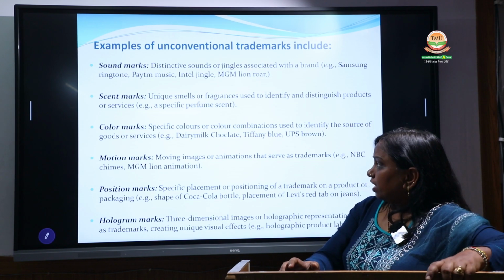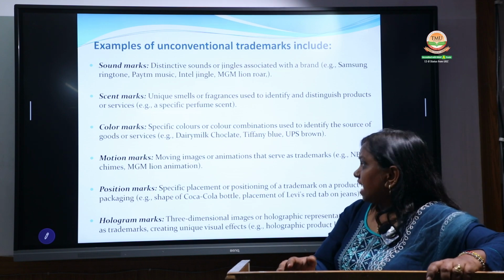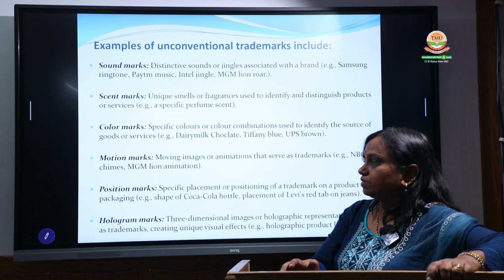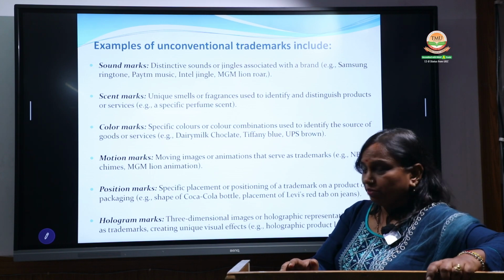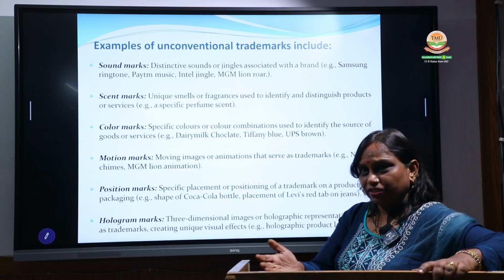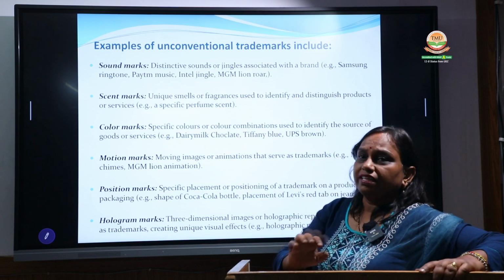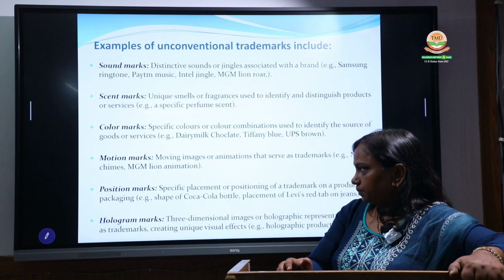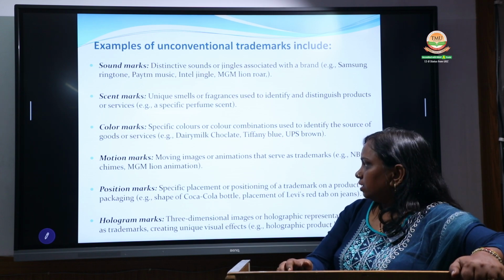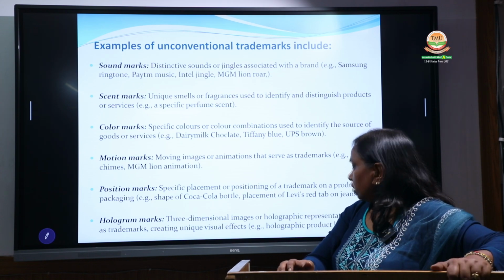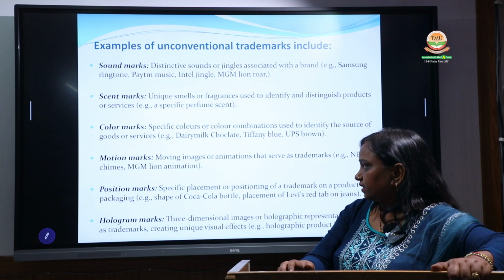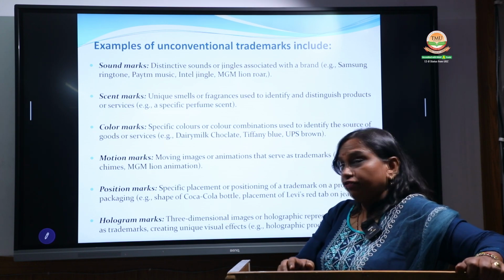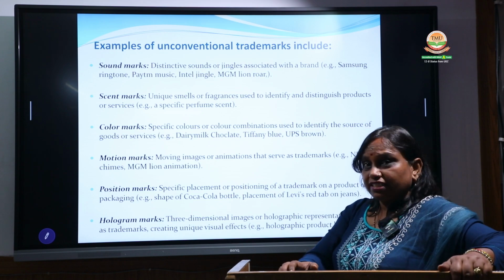Next are motion marks, like moving images and animations that serve as a trademark, for example the NBC chimes and the MGM Lion Roar animation. You must have seen certain animations. These are also used as an identification mark, and they are trademarks. Position marks are the specific placement or positioning of the trademark on a product or packaging, like the shape of the Coca-Cola bottle, or the placement of Levi's red tag on jeans.